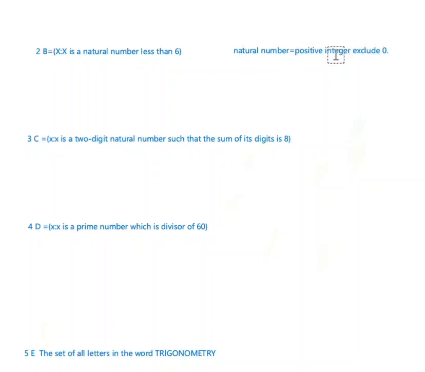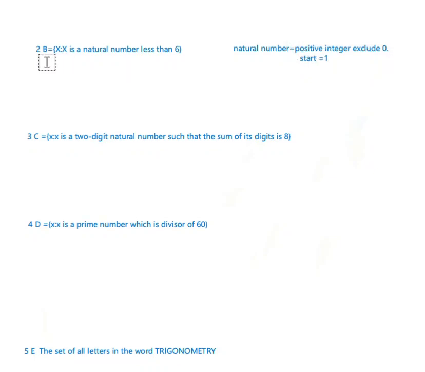So natural numbers are the positive integers excluding 0, and we can say that natural numbers start from 1. This is the trick: natural numbers start from 1 because they are positive integers excluding 0.